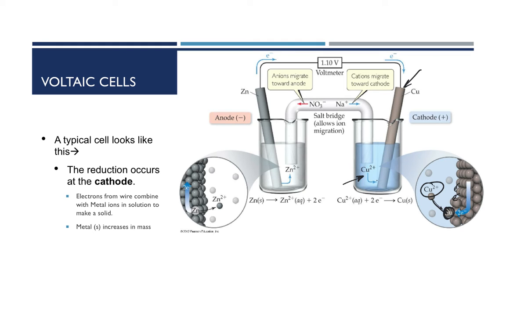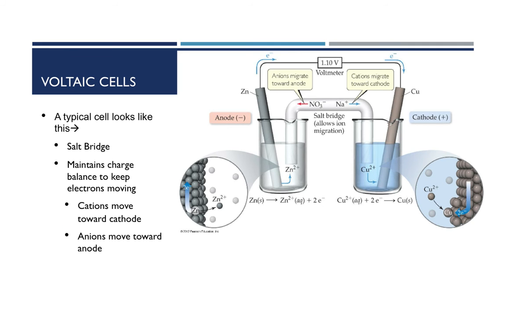So over time, the concentration of ions in this cell goes down, and copper metal builds up on the surface of the cathode.